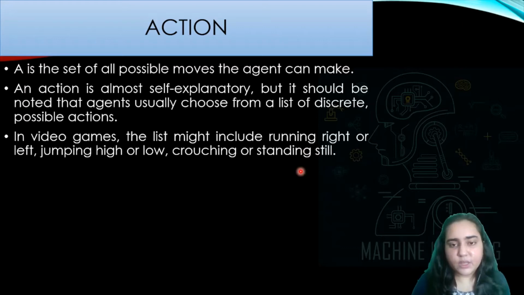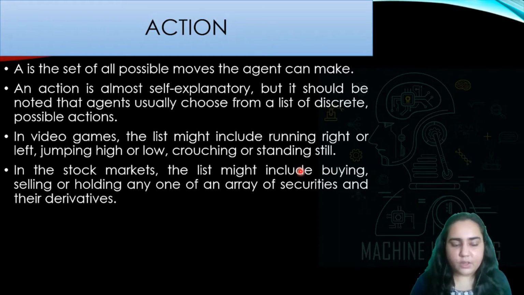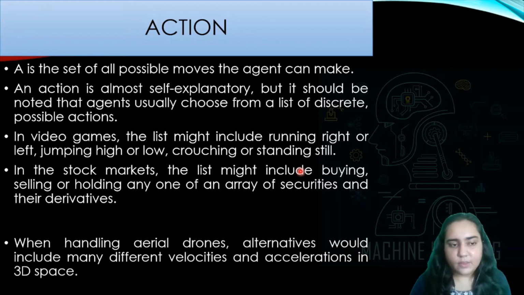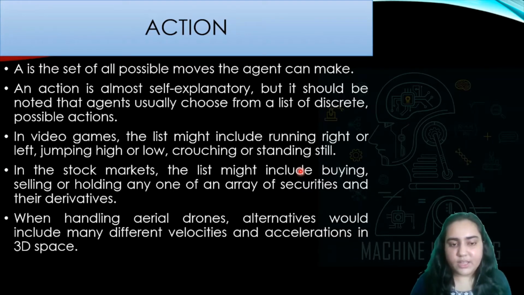In video games, these actions might be turning right or turning left, jumping high, jumping low, crouching or standing still. These are all types of actions. In stock markets, you could have actions like buying, selling, holding. If you're handling aerial drones, then you could include many different velocities and accelerations in 3D space.